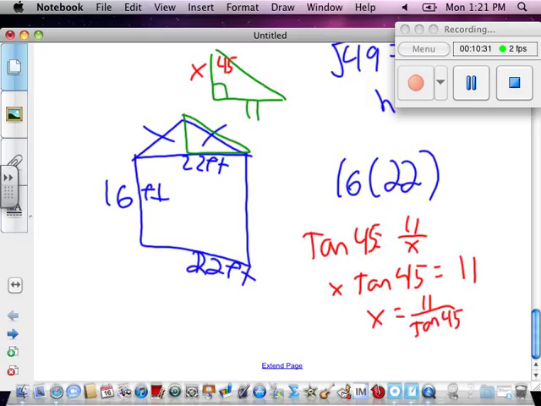Does somebody have a calculator on them right now? They could figure that out. So you're just going to do 11 divided by the tan of 45. I got 4.2.